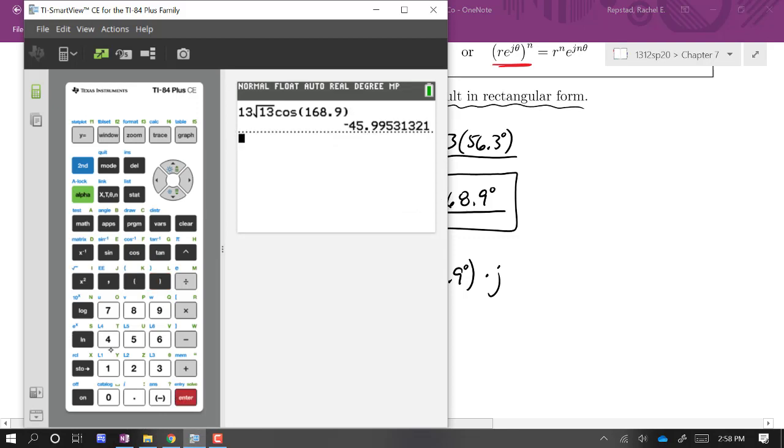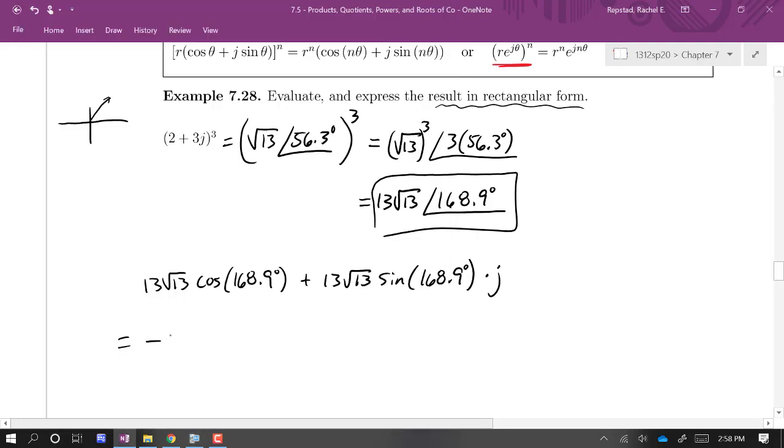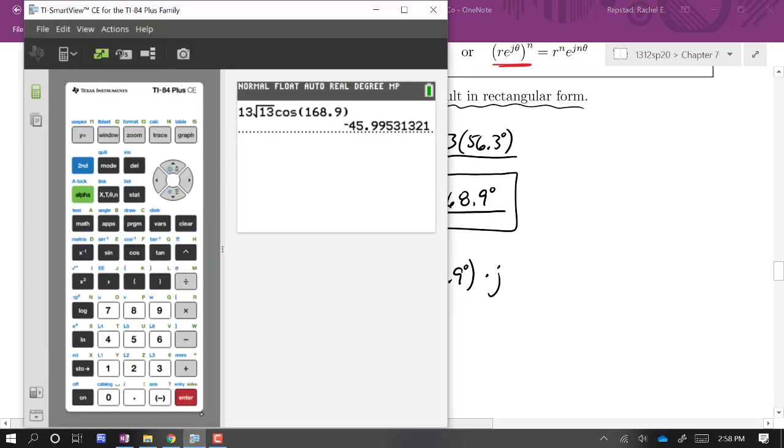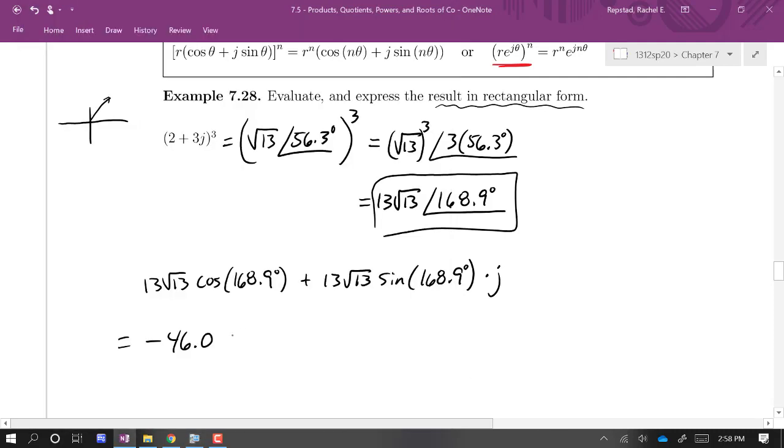I'll call that negative 46.0. And then root 13 times sine 168.9 is 9.024, so maybe 9.02 j.